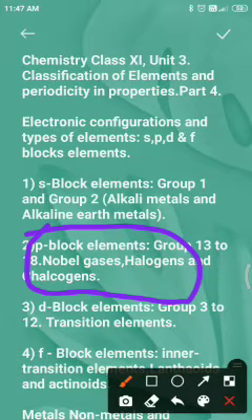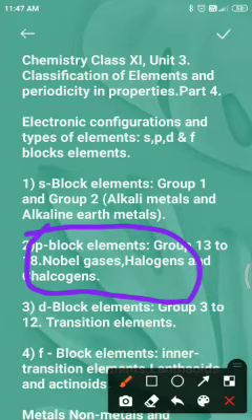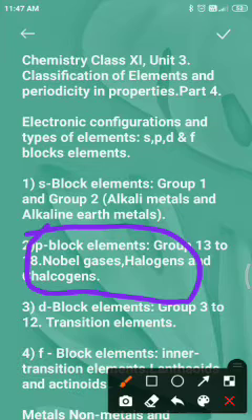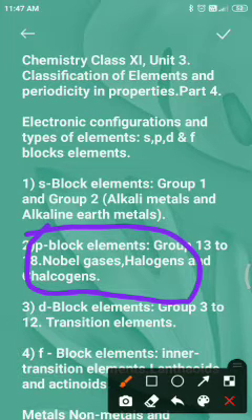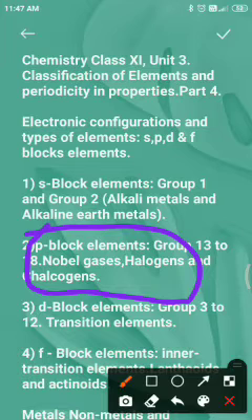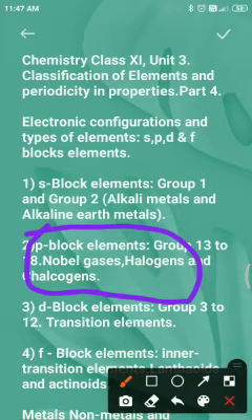At the end of each period, there is a noble gas element with a closed valence shell, ns2 np6 configuration. All the orbitals in the valence shell of the noble gases are completely filled by electrons, and it is very difficult to alter this stable arrangement by the addition or removal of electrons.